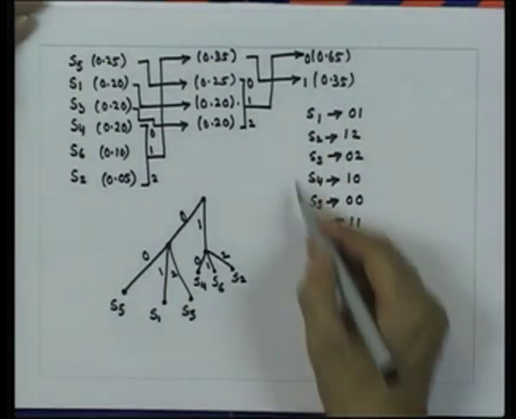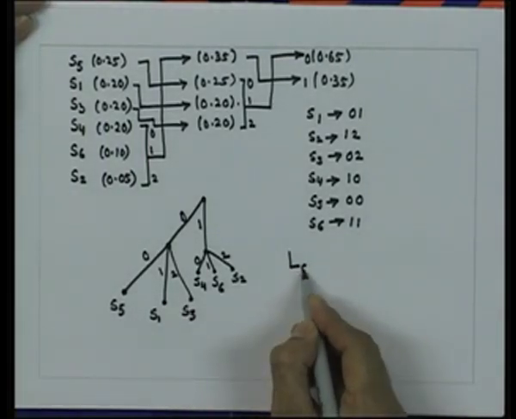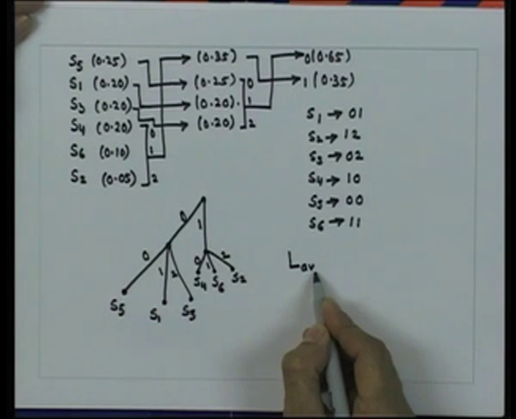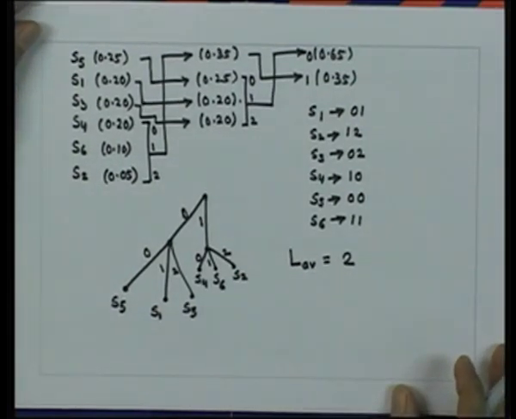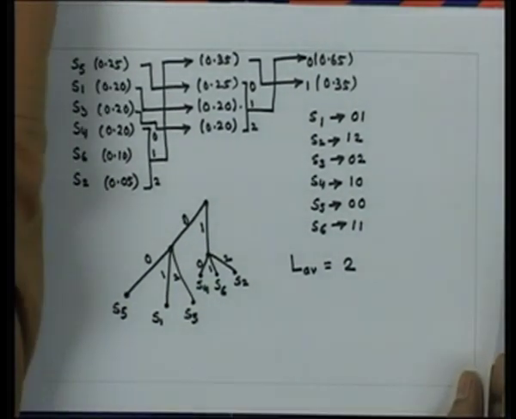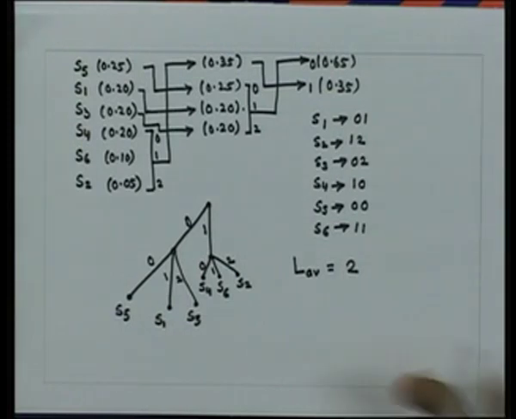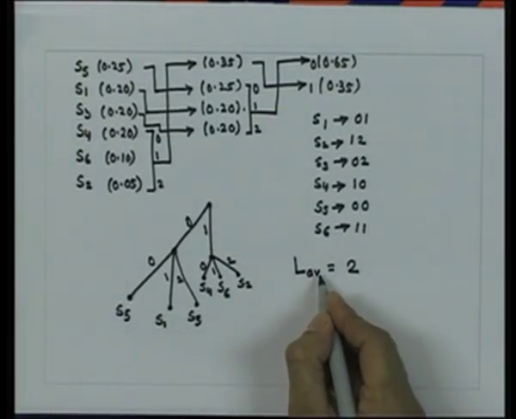So, here all the code words of length 2. So, the average length will turn out to be as 2 ternary digits per source symbol, and finally we can, so let us call this as average length 2.